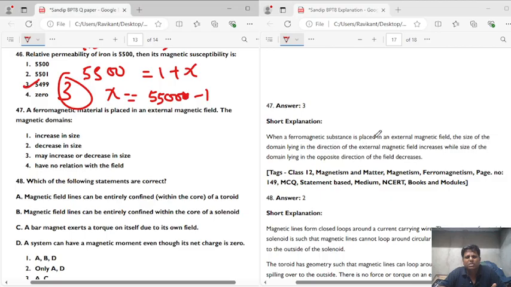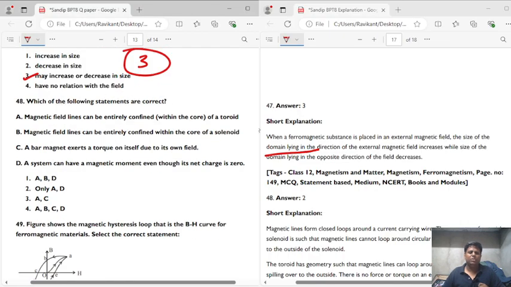When a ferromagnetic substance is placed in an external magnetic field, the size of the domain lying in the direction of the external magnetic field will increase, while the size of the domain lying in the opposite direction will decrease. So it will both increase and decrease depending upon how it is being placed. So the correct answer for this question is option 3, may increase or decrease. Option 3, right? So option 3 is the correct answer for question number 47.